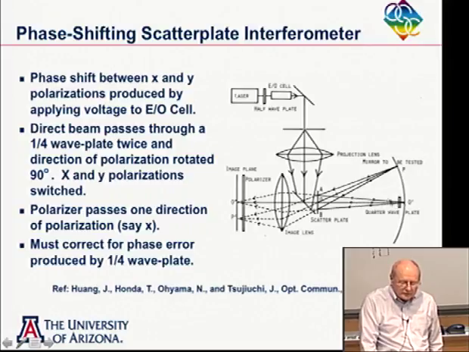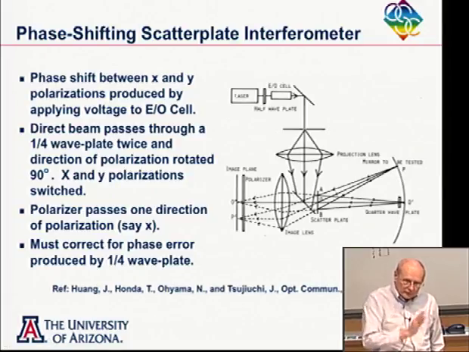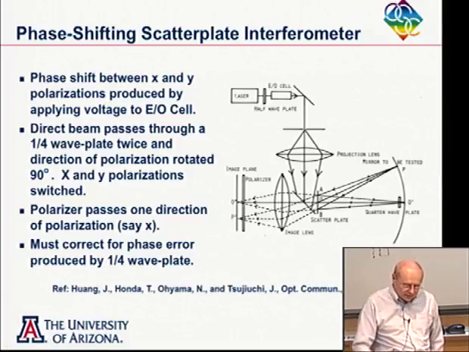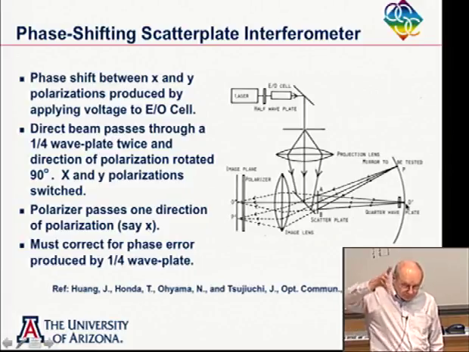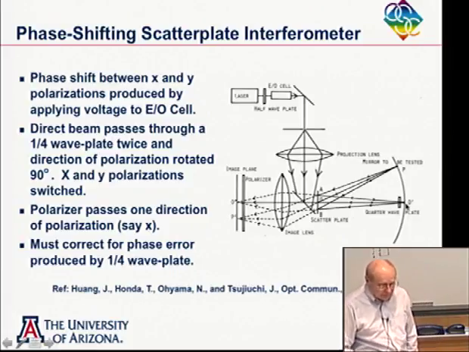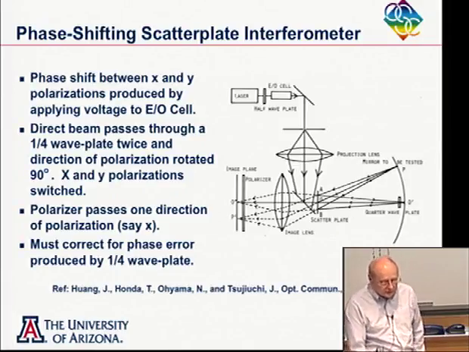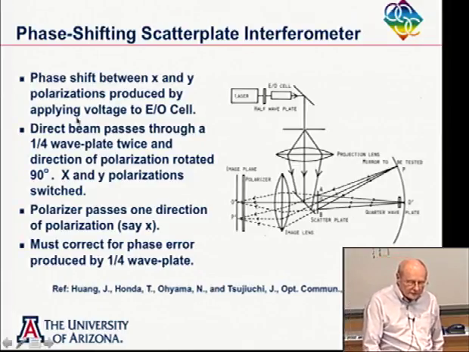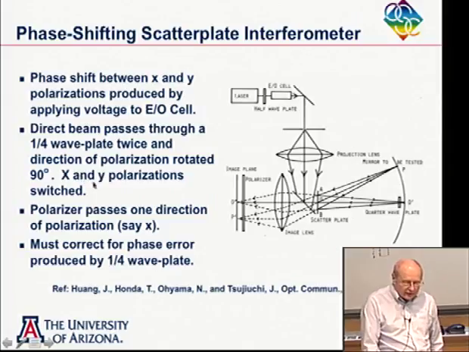And then in the direct beam, I put in a quarter wave plate. And we're going to go through the quarter wave plate twice, so it acts like a half wave plate. And if I put this at the right angle, 45 degrees, it's going to rotate the direction of polarization 90 degrees.